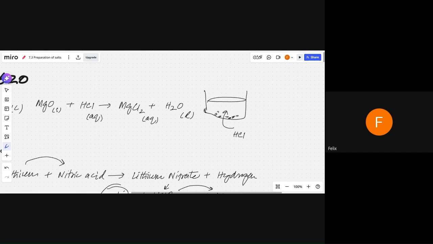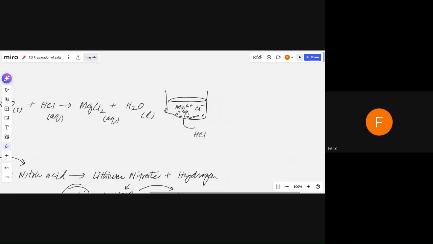So this is not the salt. Remember, we are trying to retrieve a soluble salt, which you cannot see. The soluble salt will be in the form of ions, Mg2+ and Cl-, right?